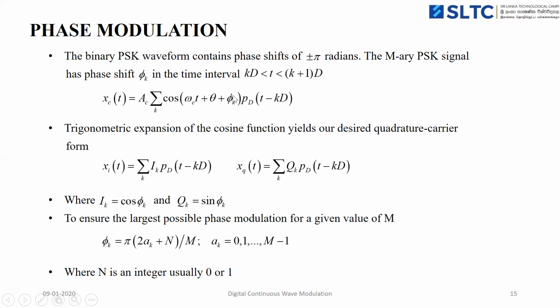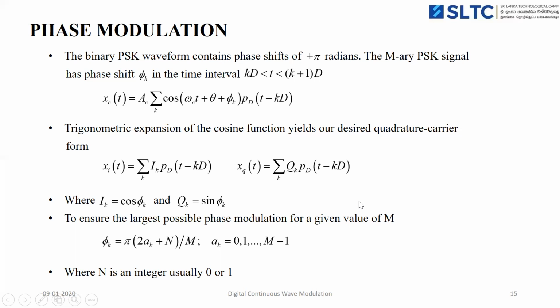Phi k is the phase change in the carrier waveform, which ensures the PSK modulation. Depending on the number of symbols, the phase of the carrier will vary.